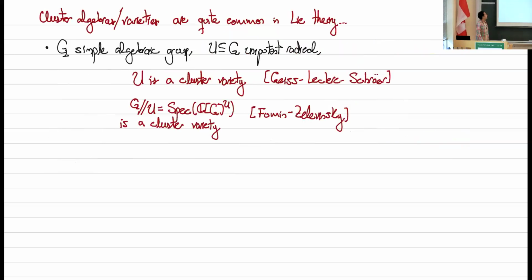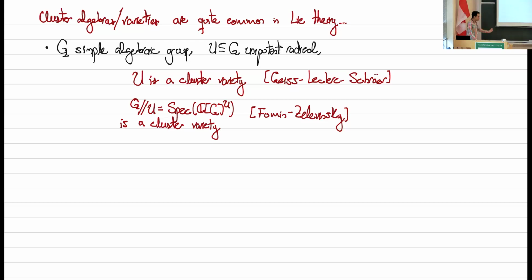So if you take a simple algebraic group and its unipotent radical, the algebra of functions on the unipotent radical is a cluster variety. This was proven in general by Geiss, Leclerc, and Schröer using categorification and preprojective algebra methods. The so-called basic affine space is also a cluster variety. So there is a structure of a cluster algebra here.